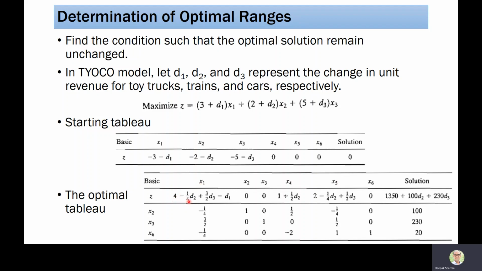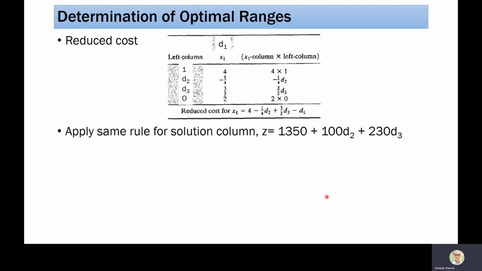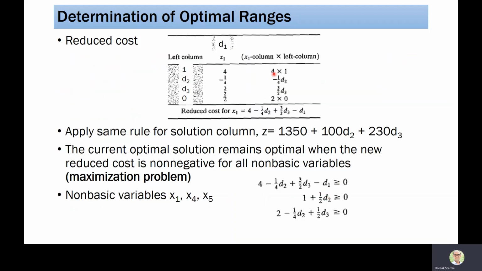It is 4 minus 1 by 4 D2 plus 3 by 2 D3 minus D1. This is exactly what we get here. Now we will remove this X1 column, put the X4 column and then the X5 column. We get three different equations, and the condition is that the reduced cost of non-basic variables should be greater than or equal to 0 for a maximization problem.